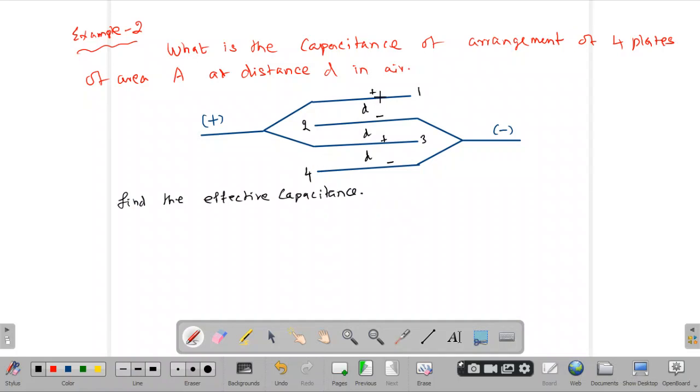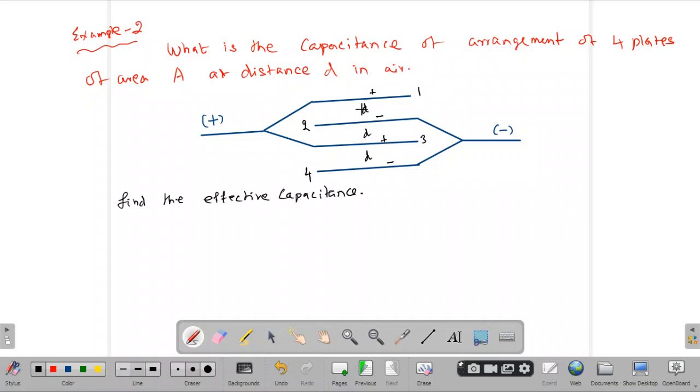So looking at the polarity, plus minus, then minus plus, then plus minus. The polarity changes alternately.